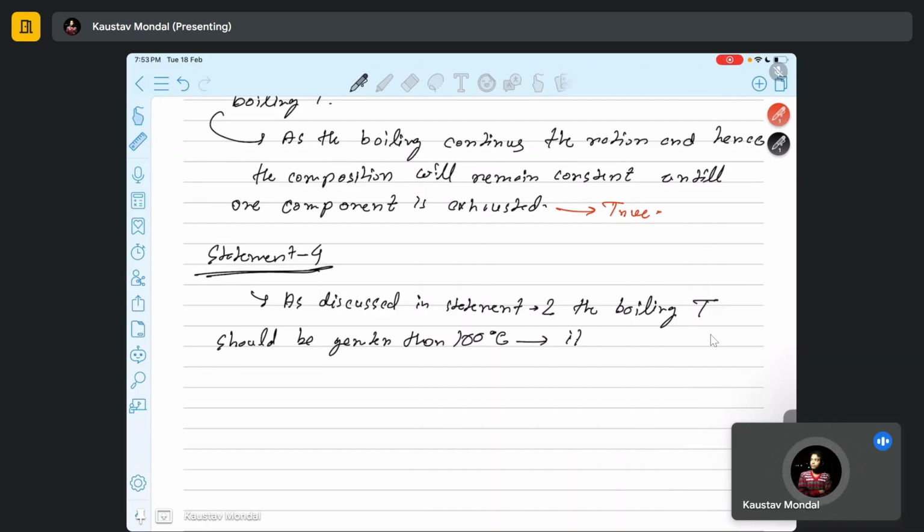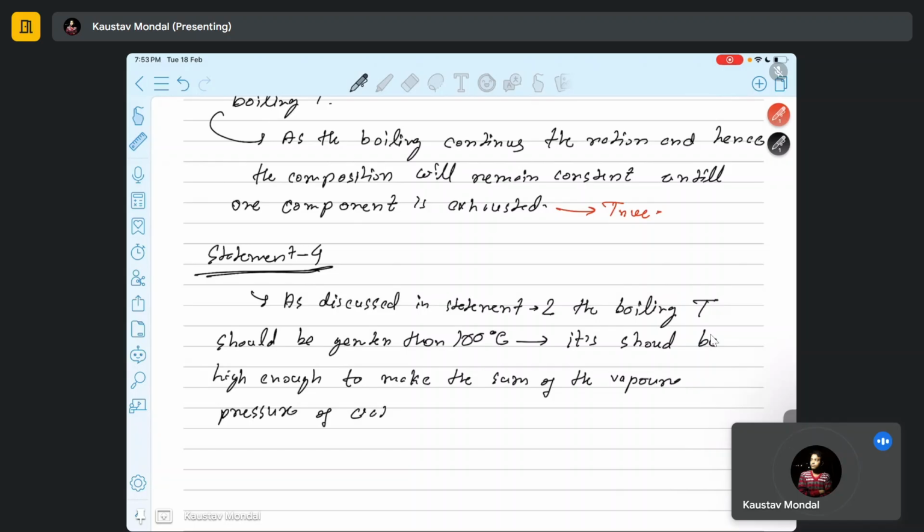It simply means it should be high enough to make the sum of the vapor pressures of water and toluene equal to the atmospheric pressure.